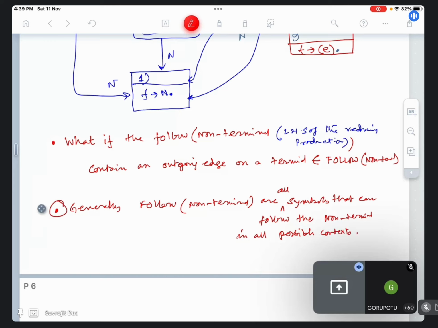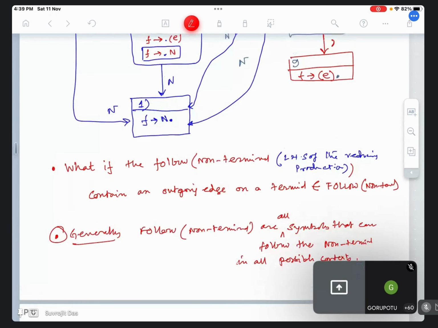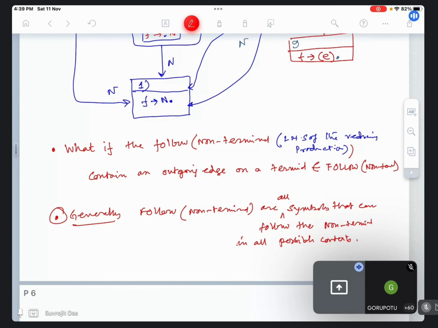So this is a general statement that we know. Follow of a non-terminal are all symbols that can follow that non-terminal in all possible contexts, right?